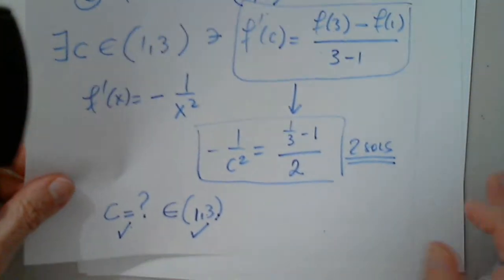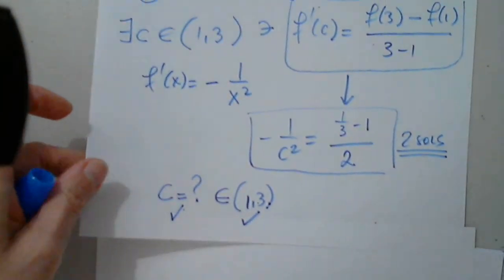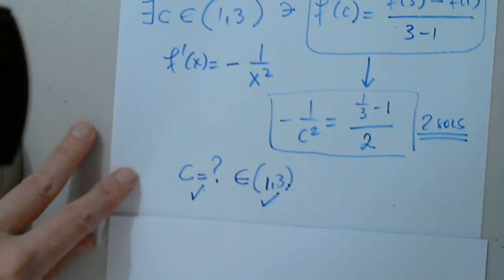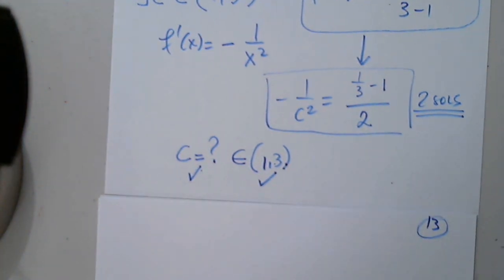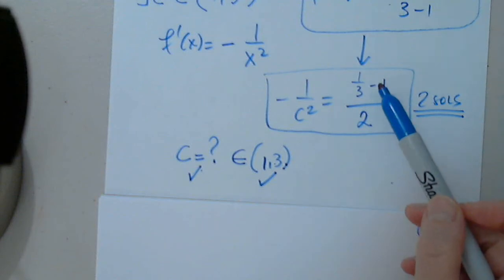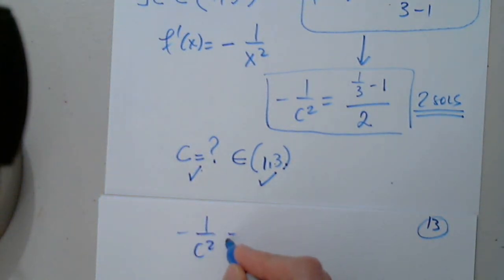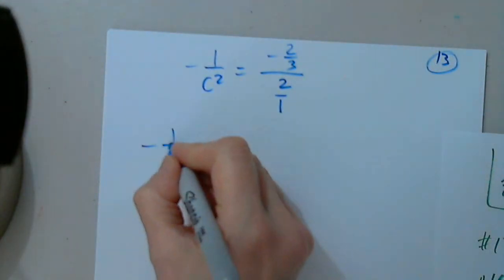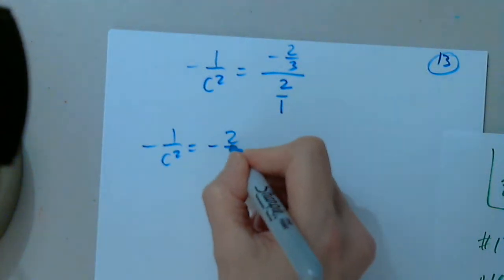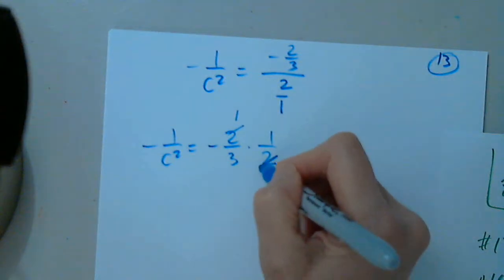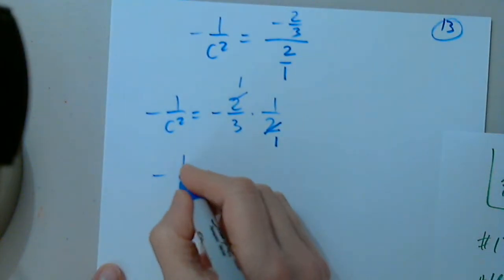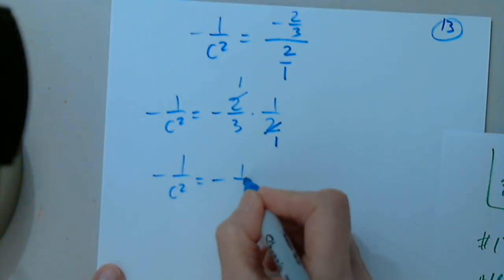So let's solve this algebraic equation. 1/3 minus 1 is negative 2/3 over 2 over 1. Negative 1 over c squared equals negative 2 over 3 times 1 over 2. Negative 1 over c squared equals negative 1 over 3.